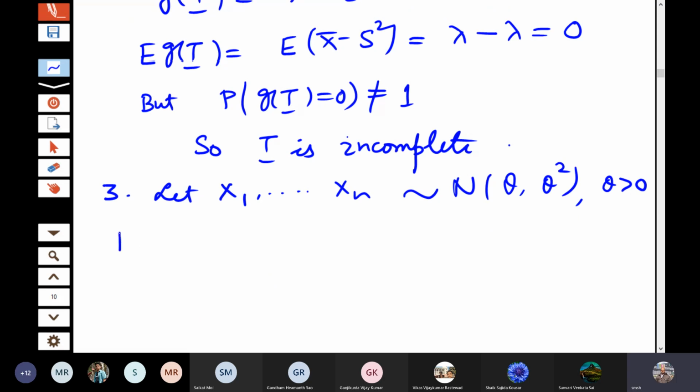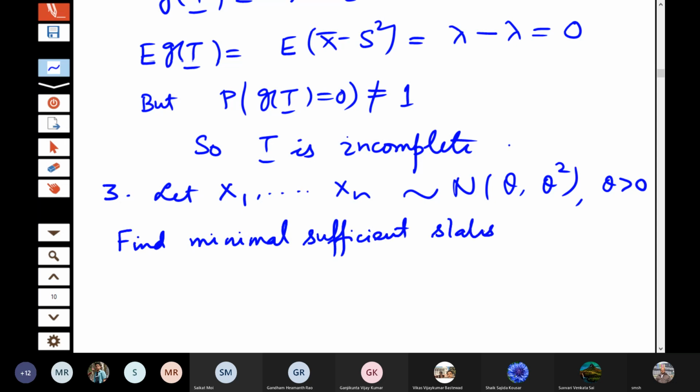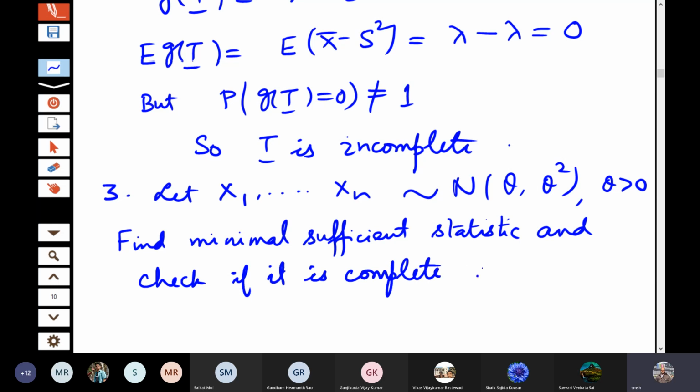Okay, so find the minimal sufficient statistic and check if it is complete. So please solve this problem.